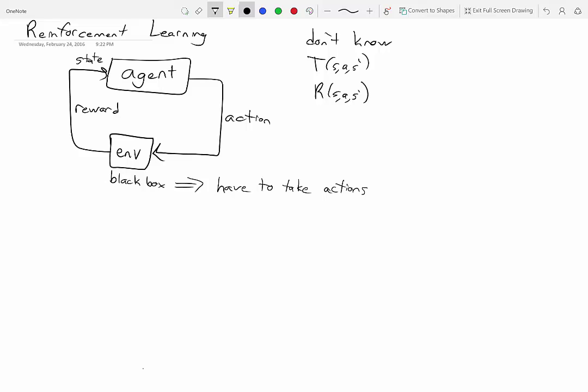So let's talk about them right now. The first one is called temporal difference learning. We'll call this TD learning.